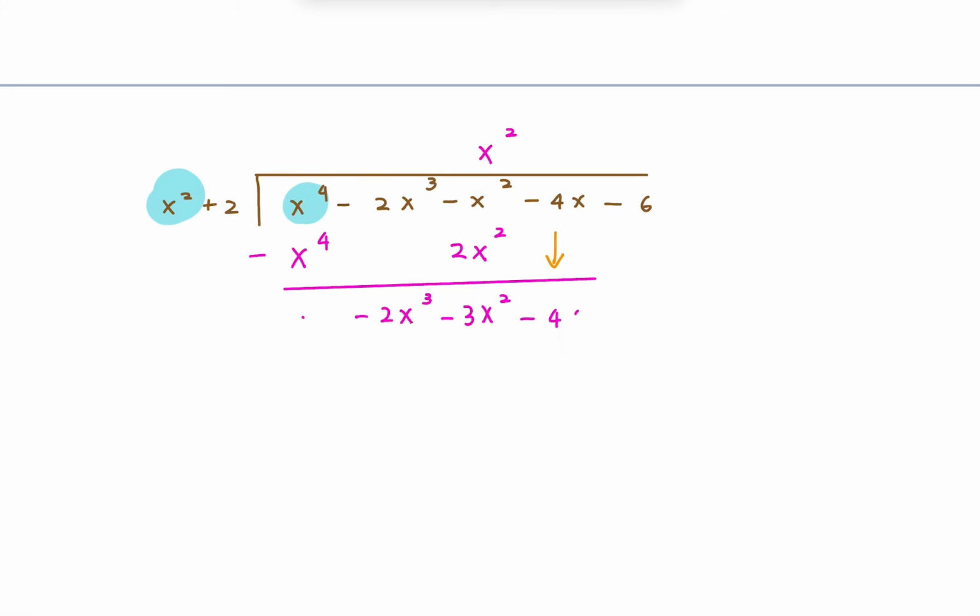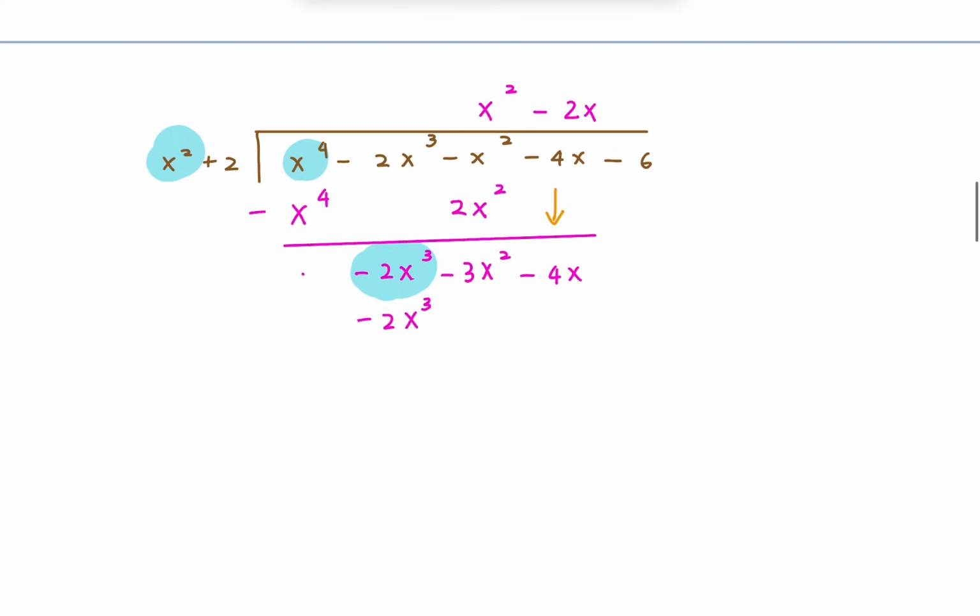Again, repeat. What is the number, if you multiply with x squared, you get negative 2x cubed? So the expression will be negative 2x. So negative 2x multiplied with x squared, you get negative 2x cubed. Okay. And then again, negative 2x multiplied with 2, you get negative 4x.